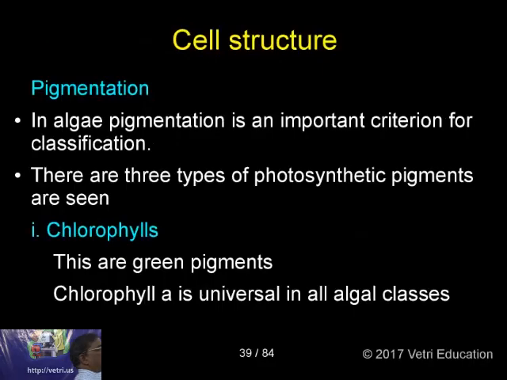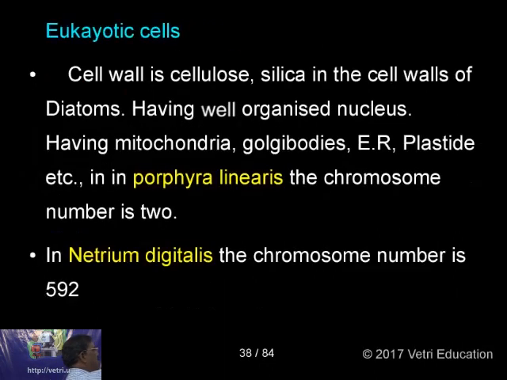Whereas in the remaining classes they have this eukaryotic nature, having a nuclear membrane and the cytoplasmic organelles like mitochondria, Golgi bodies, endoplasmic reticulum, plastids, and ribosomes are of 80S type.